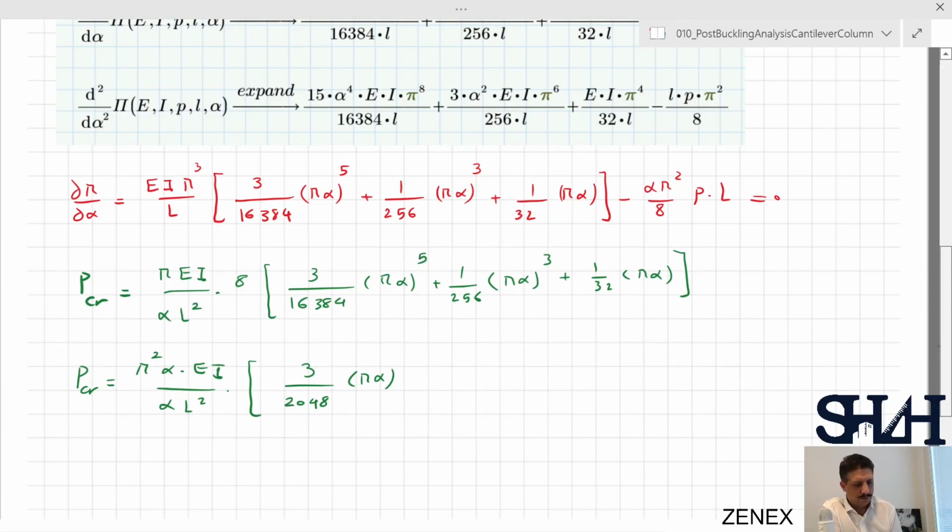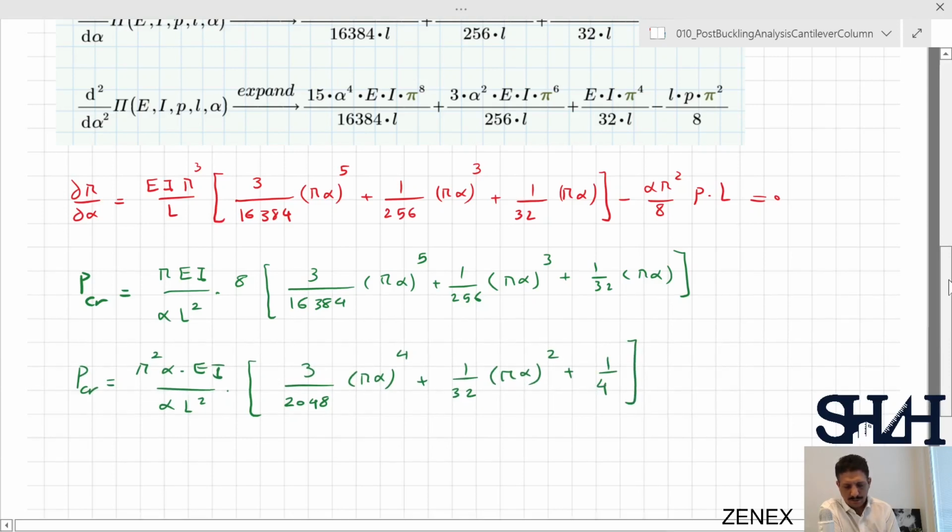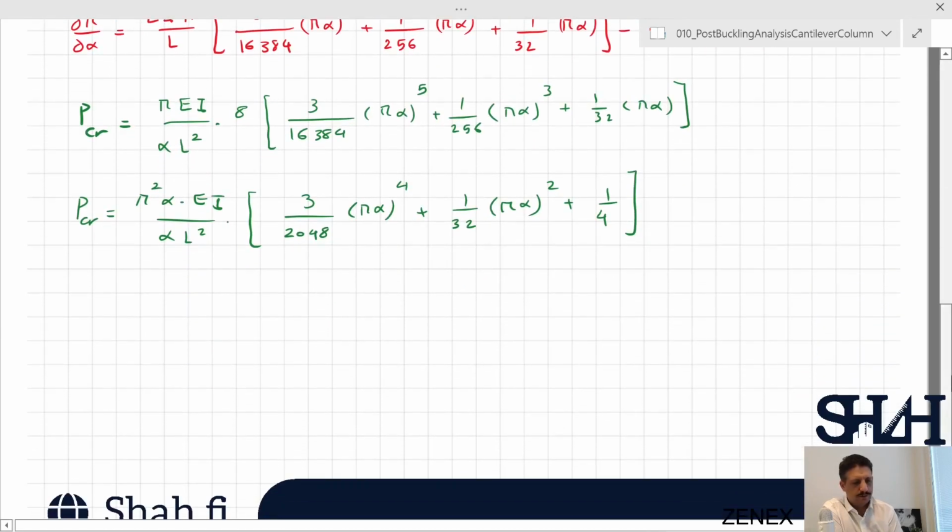Now it is 4, plus 256 divided by 8, 32 pi alpha power by 2 plus 1 over 4. So this is P critical.